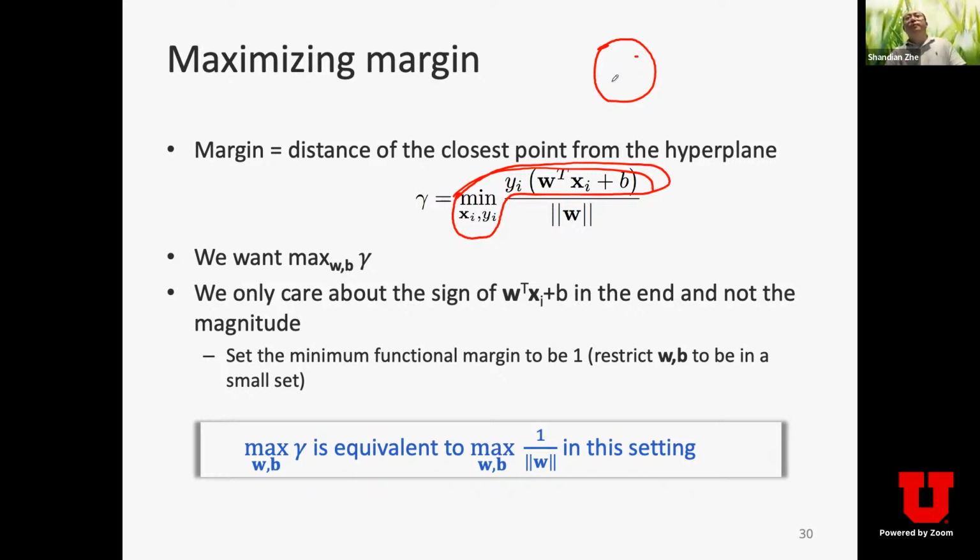That's the key idea. But why is doing this feasible? Because for any WB outside of this range, we can find a proper scale, say by multiplying or dividing by some positive constant number, you can find an equivalent point inside this range, so as to give exactly the same classification results.